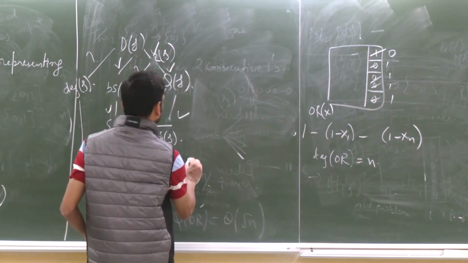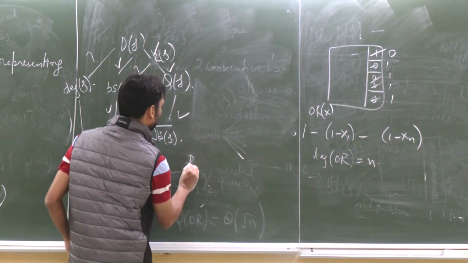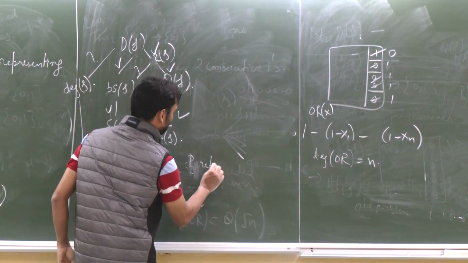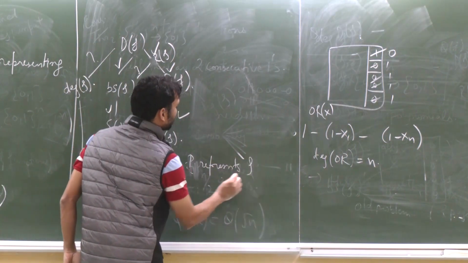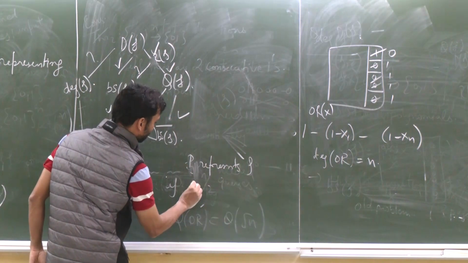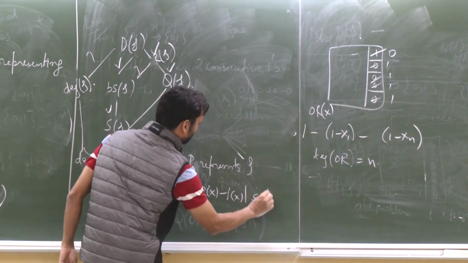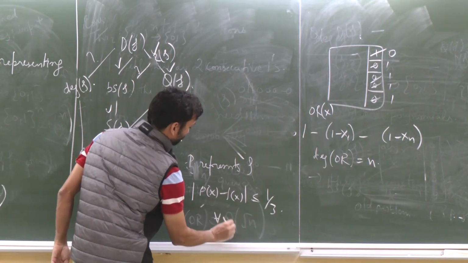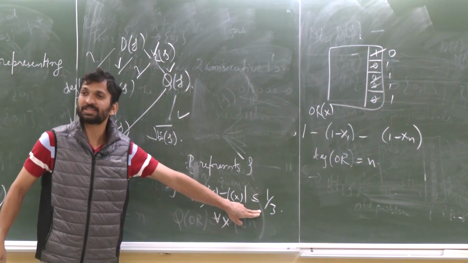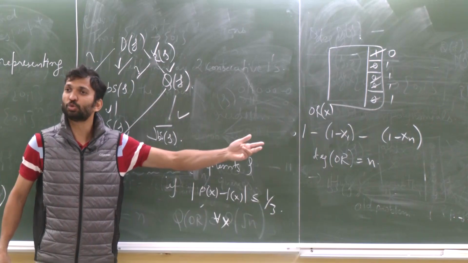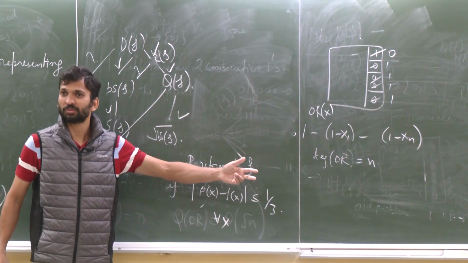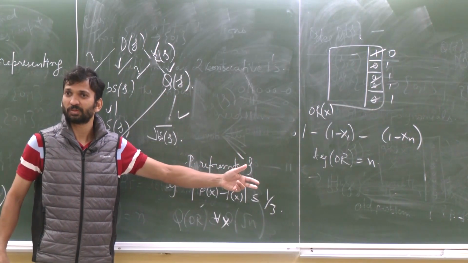So now P represents f if the error is at most 1 by 3, which is the same error probability which we used for the quantum algorithm. Okay.